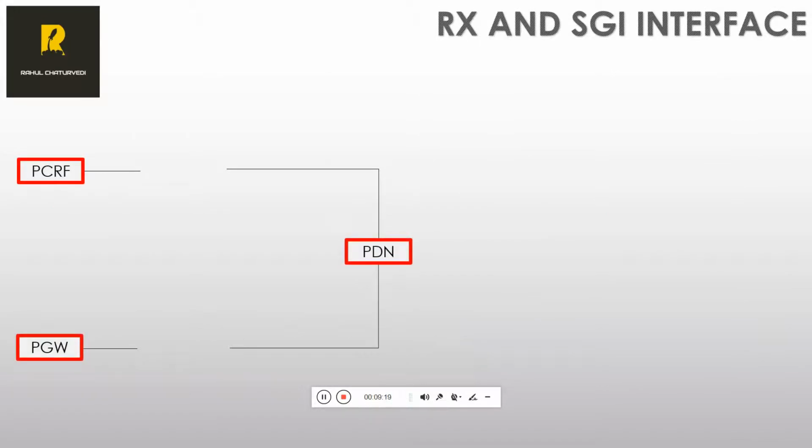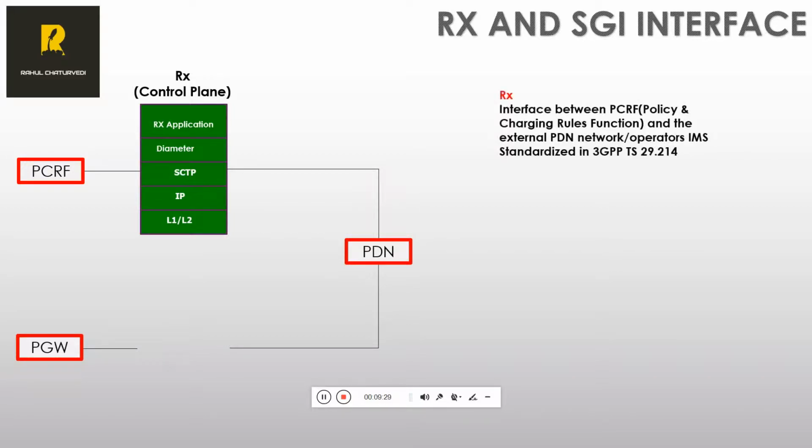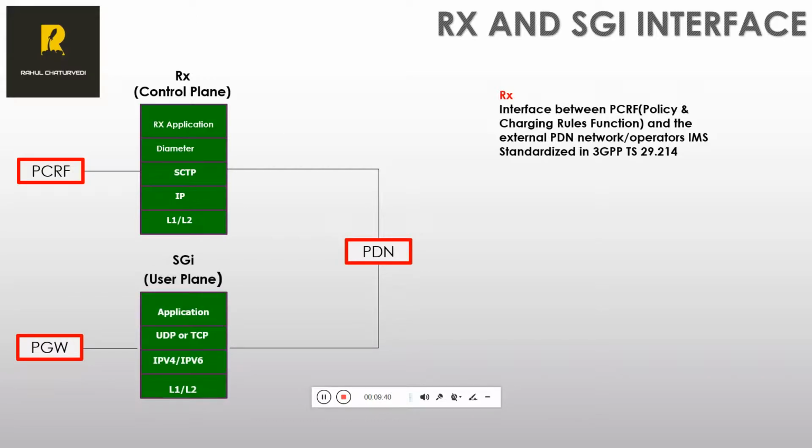Coming to the Rx and SGi interfaces, the Rx interface lies between the PDN and the PCRF. It is the interface between the PCRF, the policy and charging rules functionality, and the external PDN network operator's IMS. Coming to SGi, SGi lies between the PDN and the P gateway.